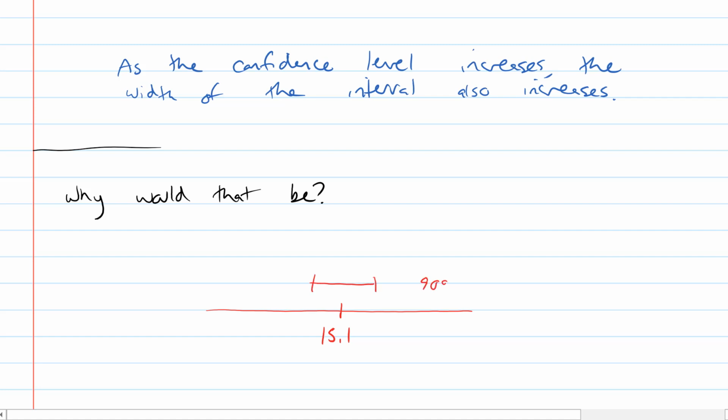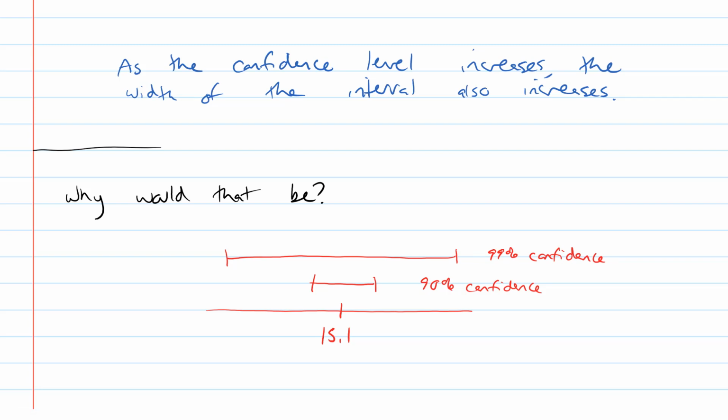That's our 90% confidence, which means that 10% of the time I'll be wrong and I'll be outside of that. But if I want to be really, really sure that I've captured it, I can make my interval really wide. Or, well, just make it a little bit wider, but I'm grossly exaggerating the difference here. But if I said, 99% confident, I'm really sure it's in here somewhere, and it's only going to be 1% outside. But notice that the utility of this interval goes down as the width of the interval goes up.